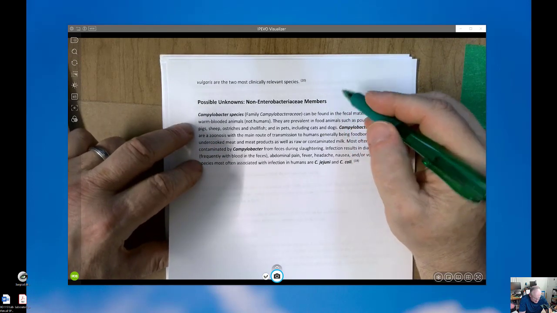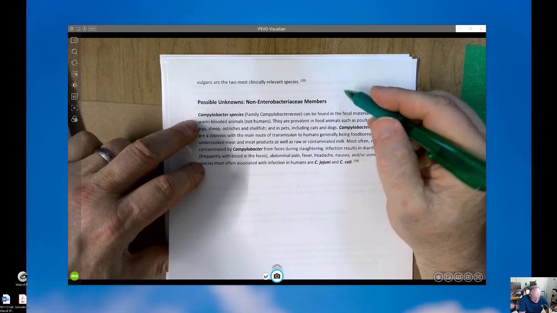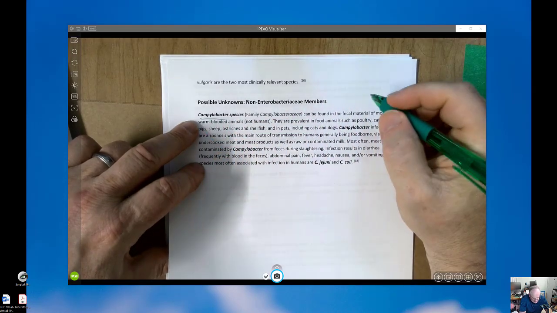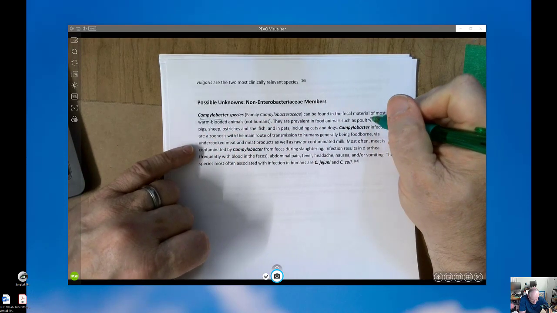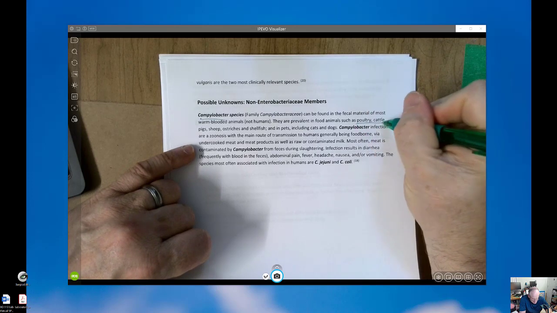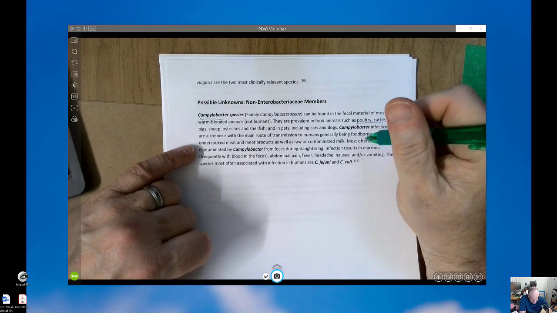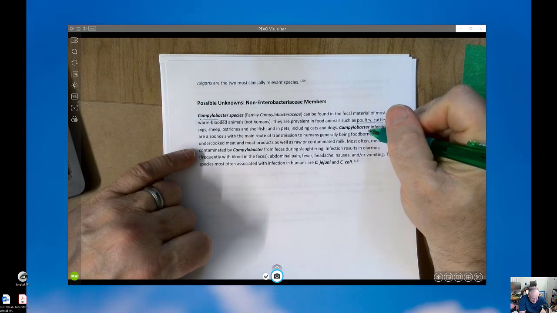Some non-Enterobacteriaceae species is the Campylobacter. These are the ones that cause diarrhea. We do see it in a lot of poultry, cattle. It's more of a veterinary concern.